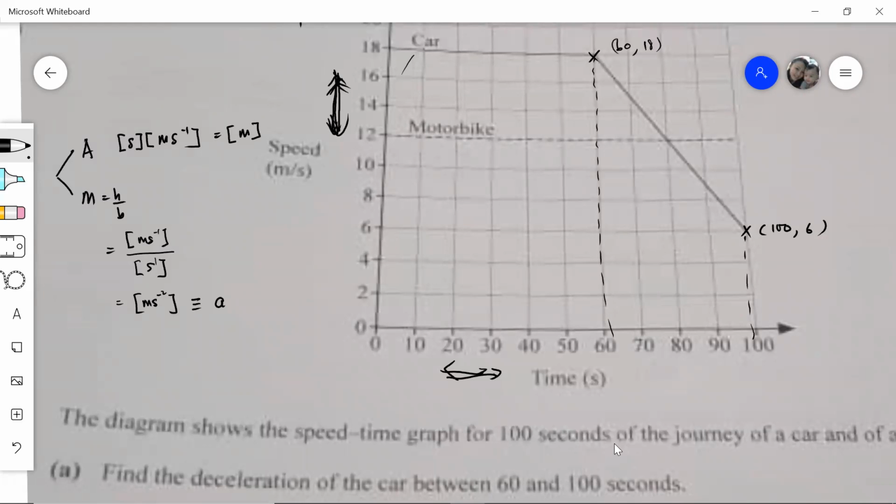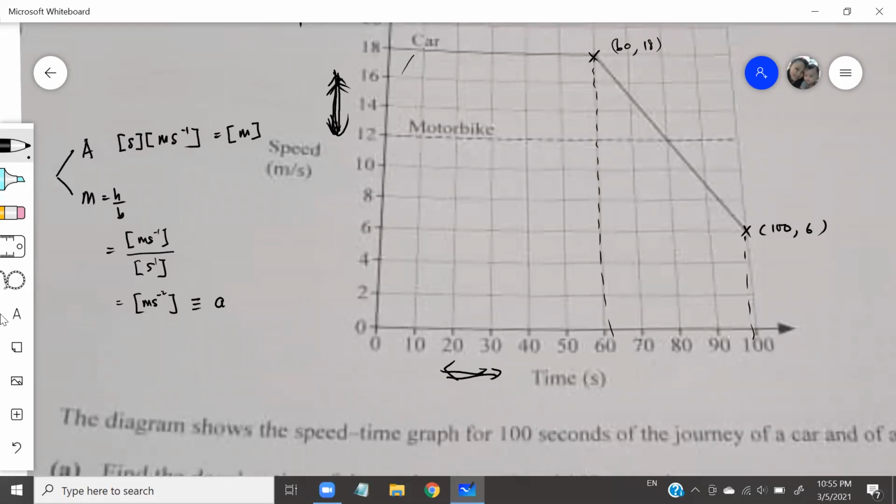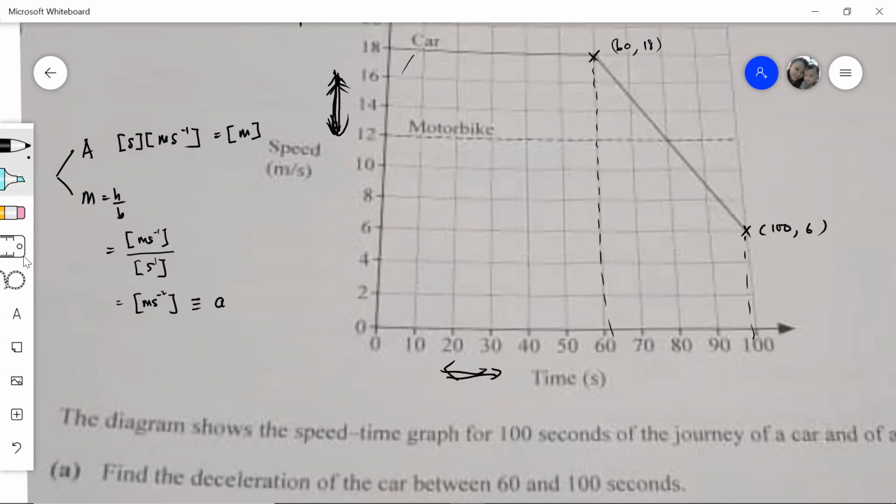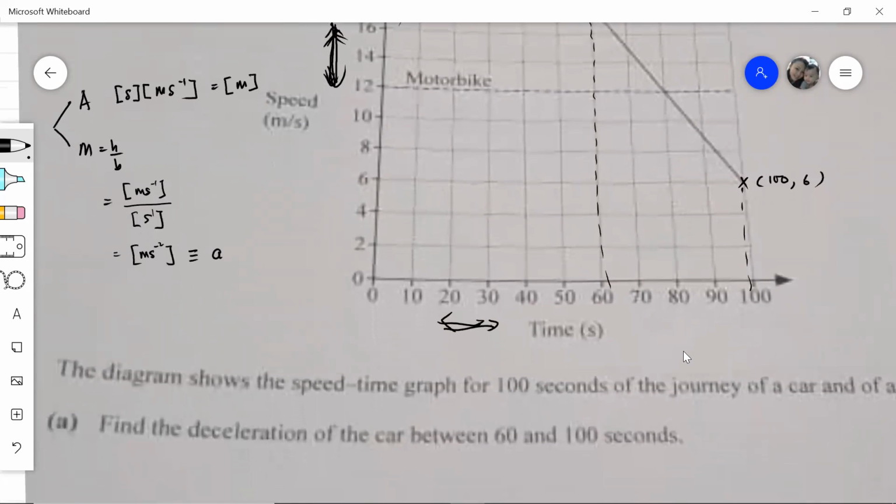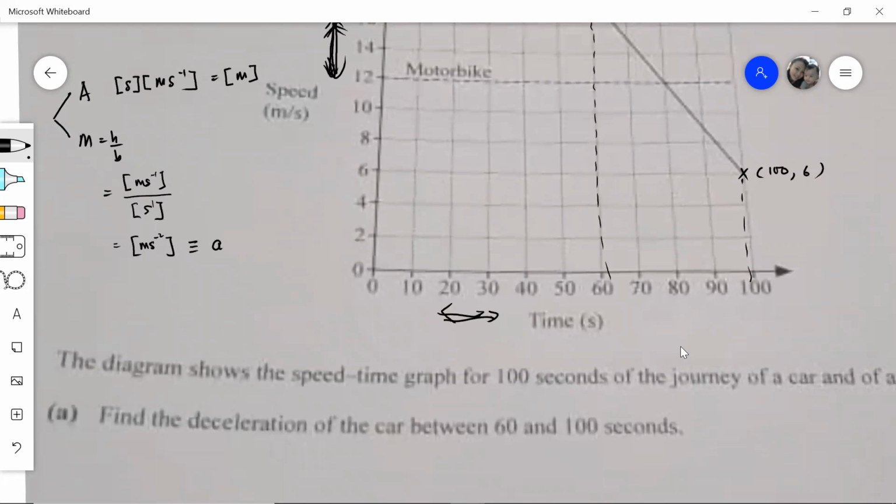The y coordinate tells us the speed. So the deceleration, based on our analysis, can be found by looking for the gradient. In this case, it's a negative gradient, okay?